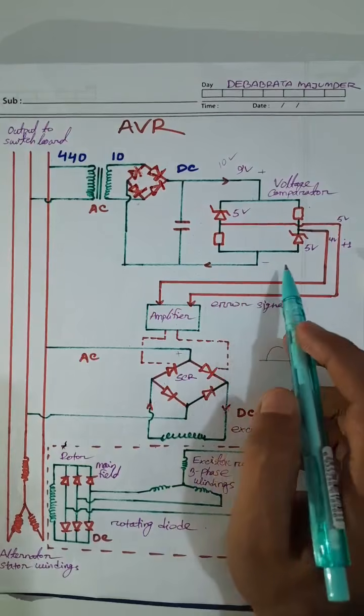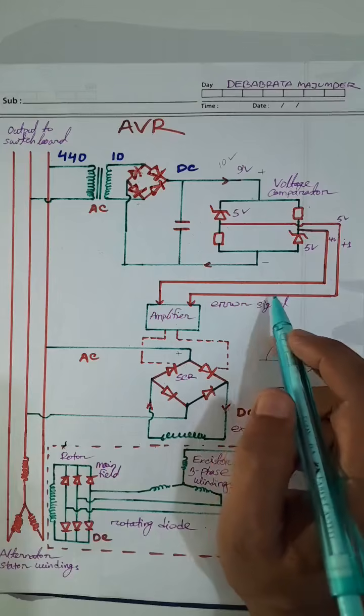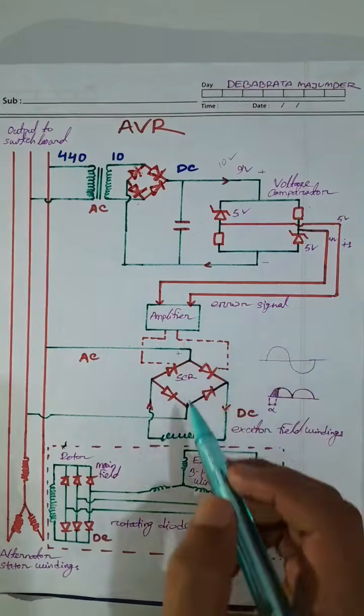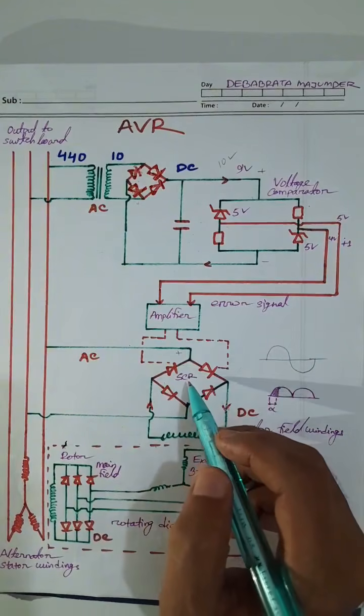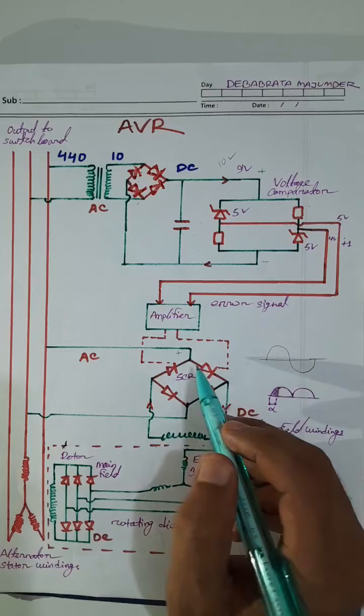Here, excitation control uses SCR trigger control. After the amplifier, this signal comes to the SCR, that means silicon controlled rectifier. Now how does it work?